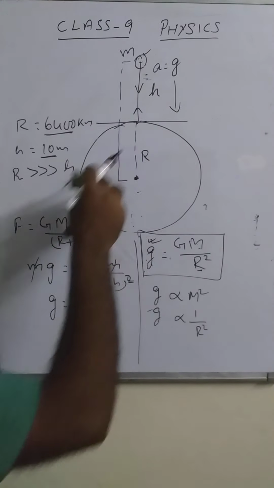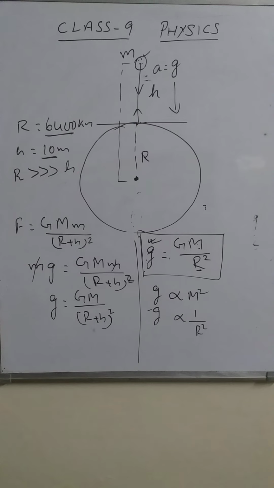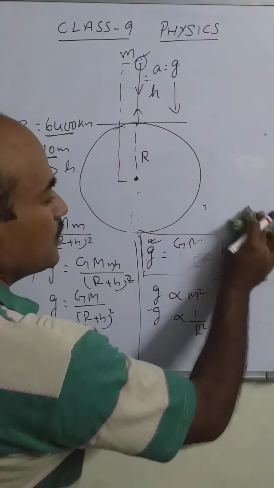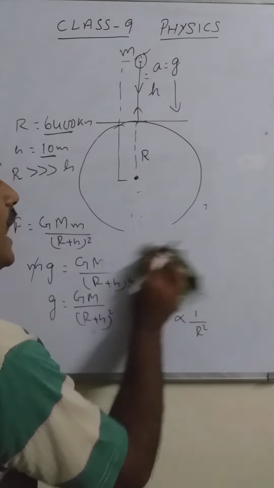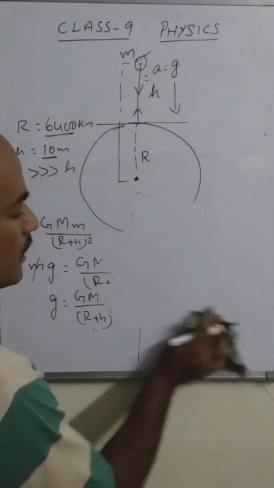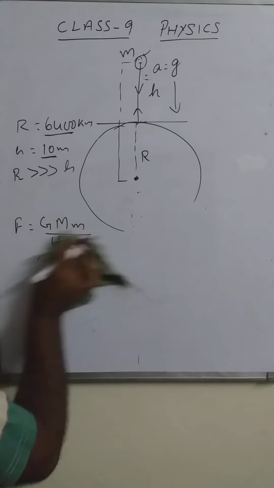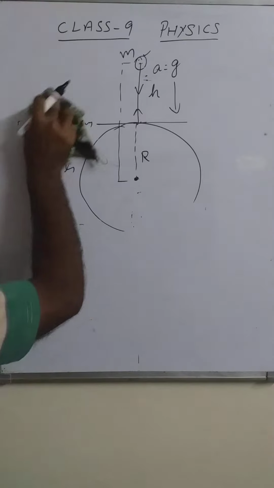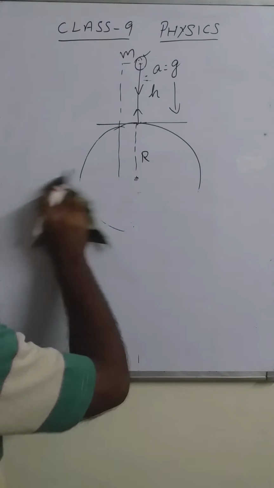Here one thing, we assumed the earth is exactly spherical, but actually the earth is not exactly spherical. The earth is somewhat elliptical, meaning its radius on different sides is not the same.